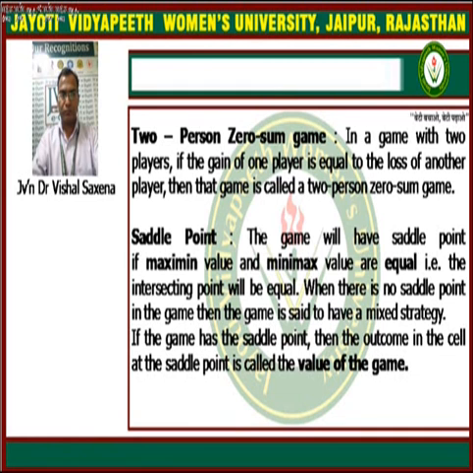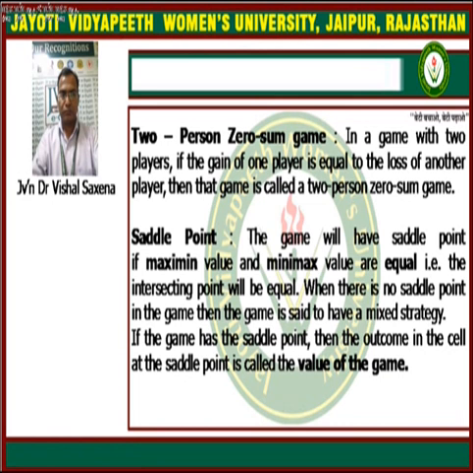And next we have the point of the saddle point. The game will have a saddle point if the maximin value and the minimax value are equal, that is, the intersecting point will be equal, as we discussed initially.